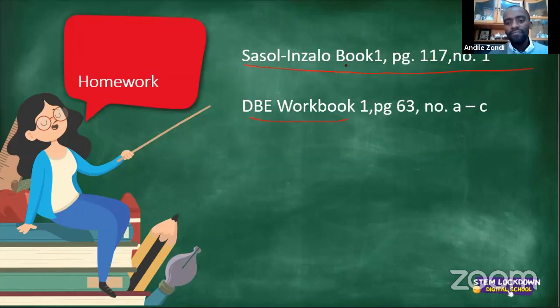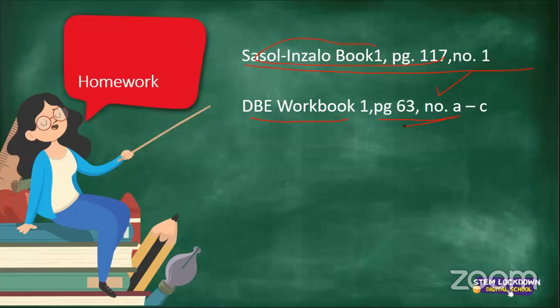If you don't have this, you can go to the Department of Basic Education website, and there will be a link for this book. But I highly recommend workbooks. If you don't have this, don't worry. Just use workbooks.